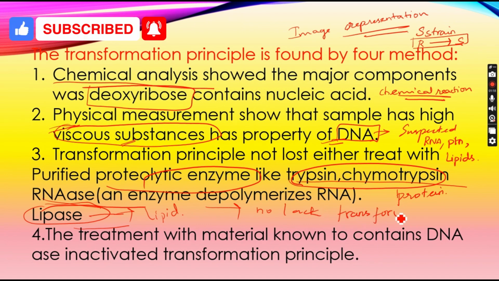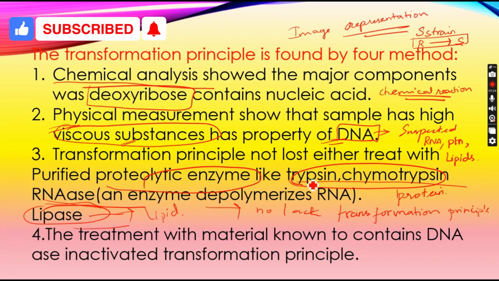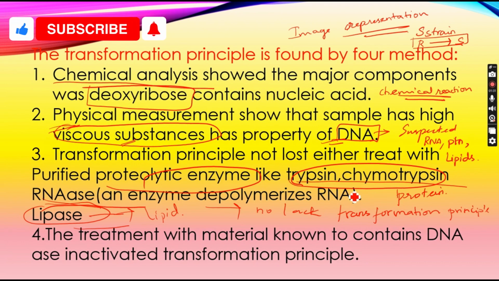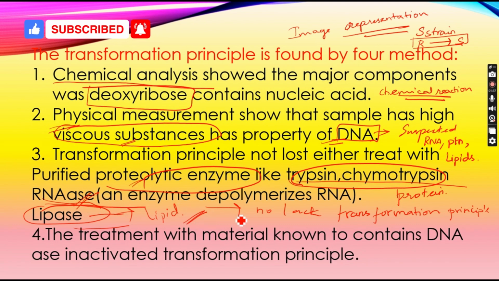That means the transformation principle is present after the treatment with these enzymes. So it was found that the genetic material can't be a protein, can't be RNA, can't be a lipid.